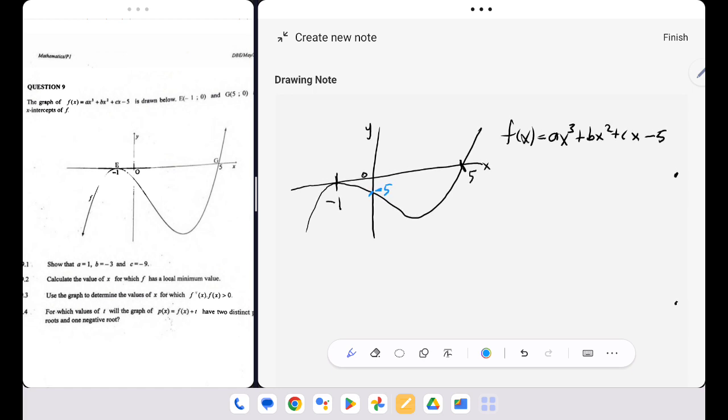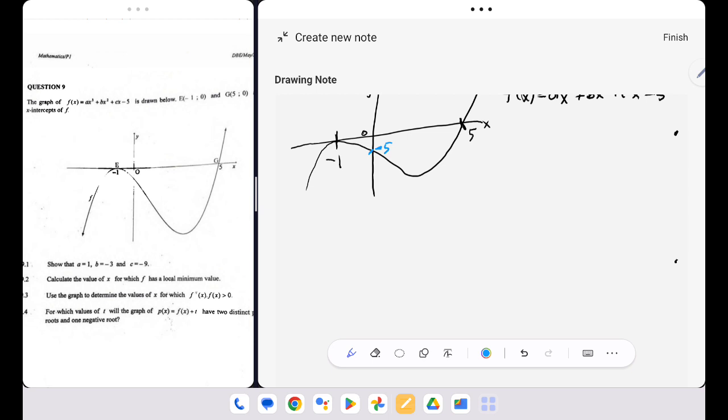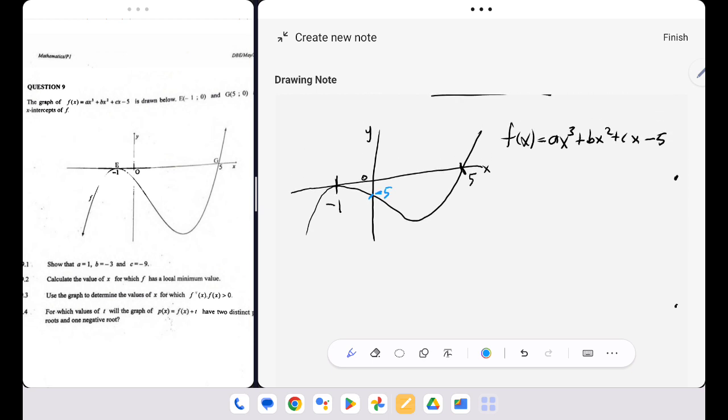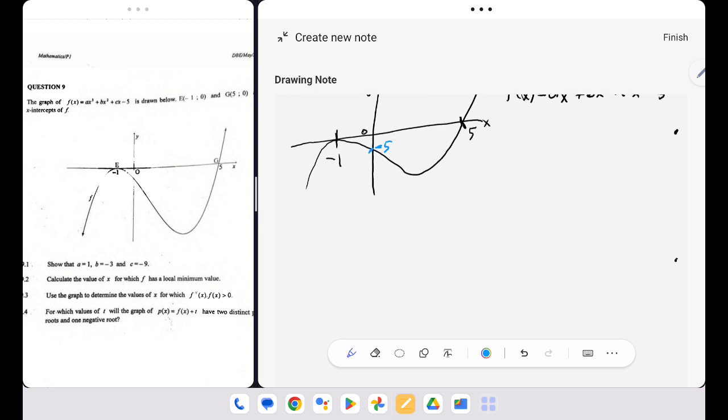Okay, first question, I'm asked to show that a is equal to 1, b is -3, and c is -9. Whenever I'm given a graph like this, the examiner is telling me what the x-intercepts are.